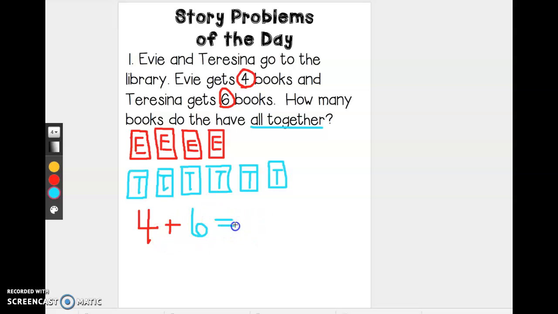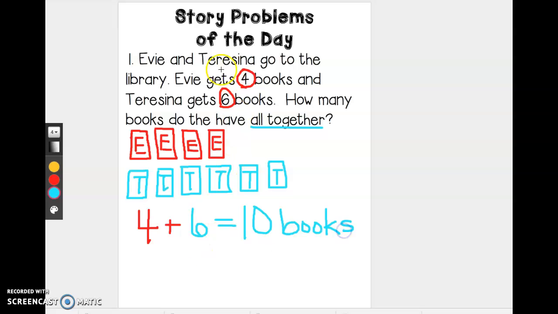So I could count how many I drew, couldn't I? 1, 2, 3, 4. Or because I knew Evie had 4, I could put 4 in my head and then count on 4, 5, 6, 7, 8, 9, 10. So I know that all together they have 10 books. I know I'm joining because they have more.